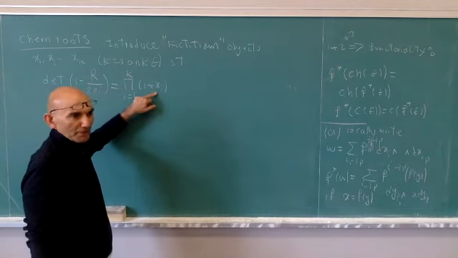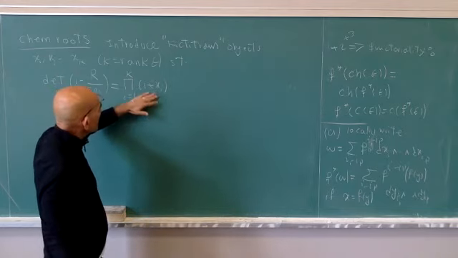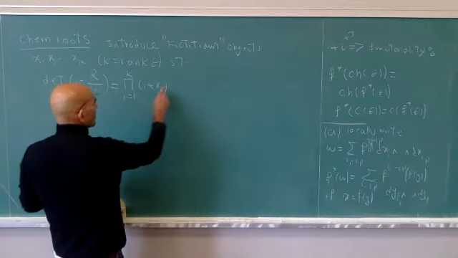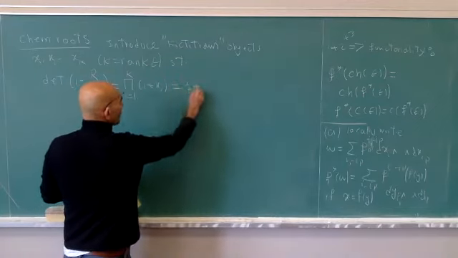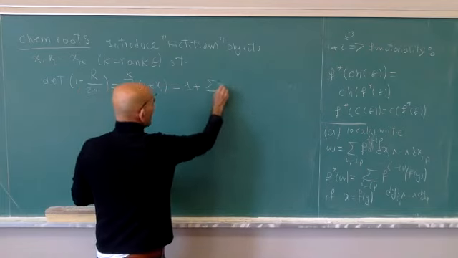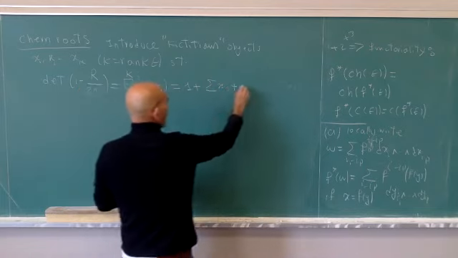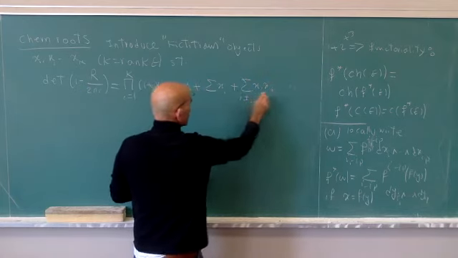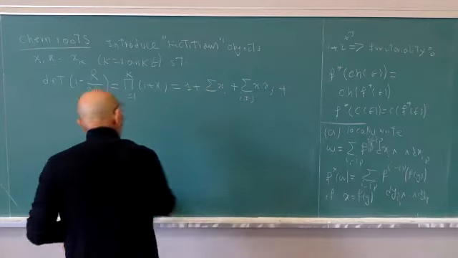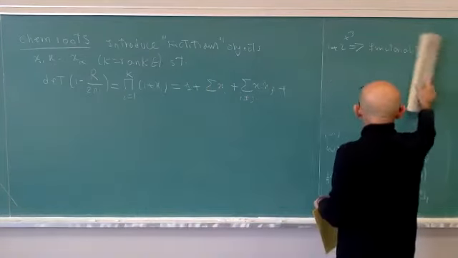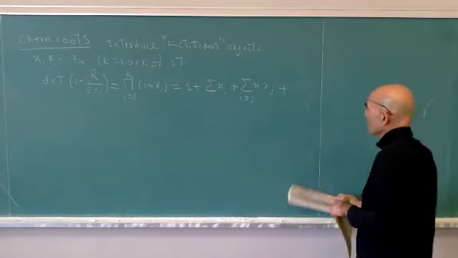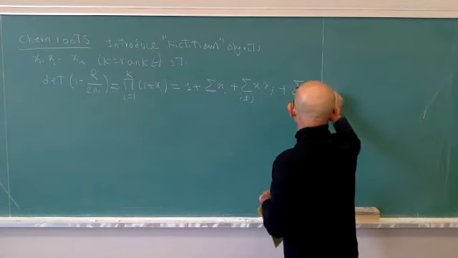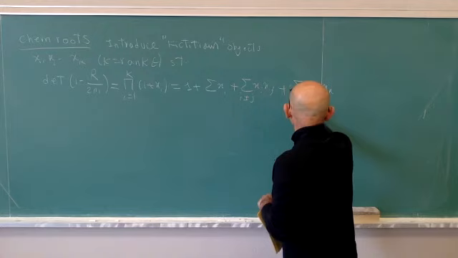These are just some fictitious objects, but otherwise, these are very good things to have in mind, because you can write it as 1 plus the sum of xi's plus the sum of xi xj, i different from j, plus so on, the sum of xi xj xk, i different from j, different from k.